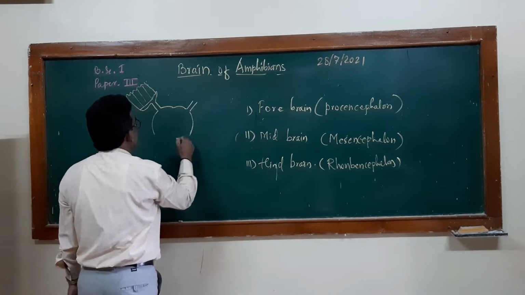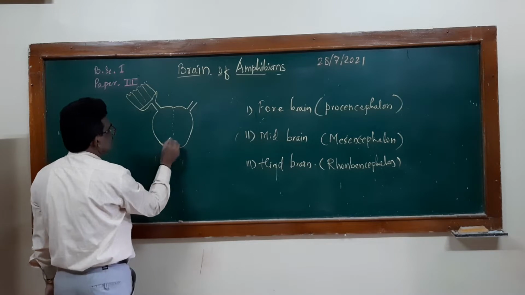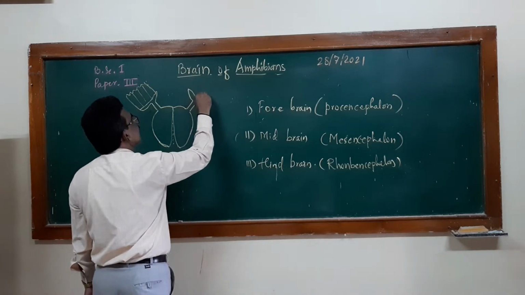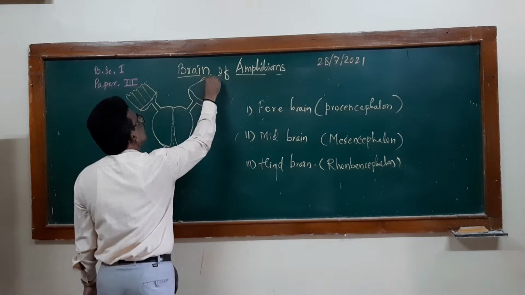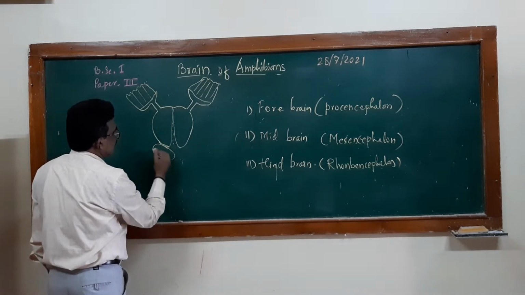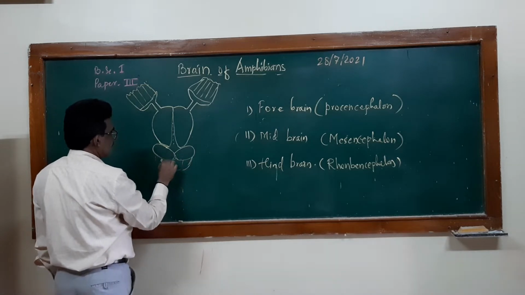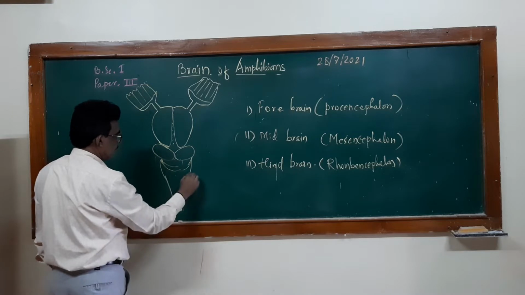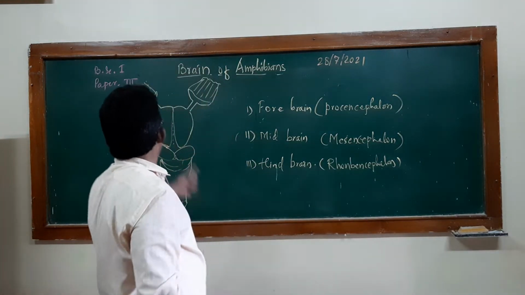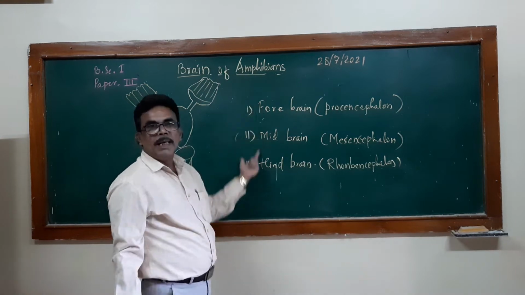Here there will be the optic lobes. The diagram shows the different parts of these three main brain parts.